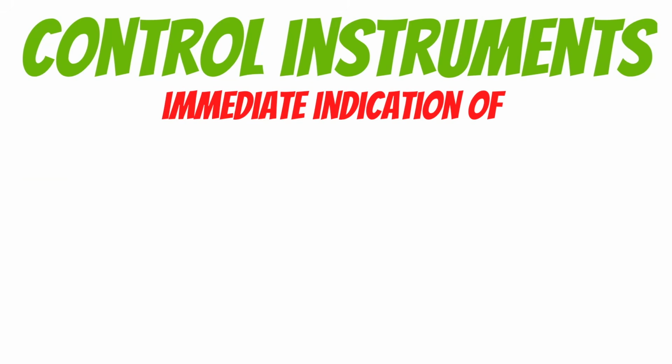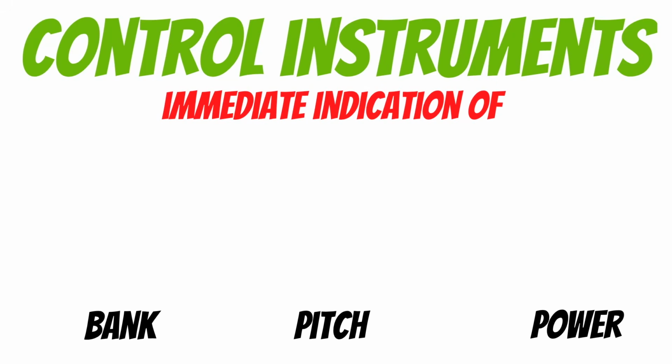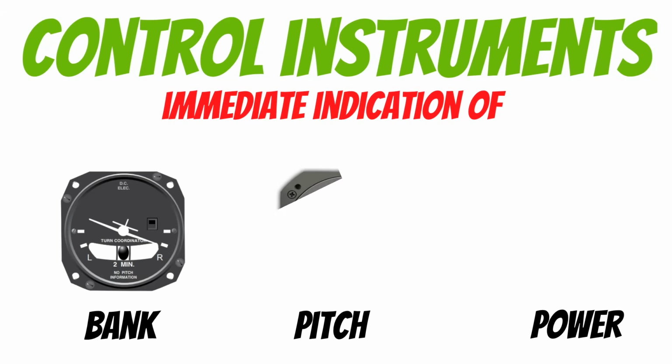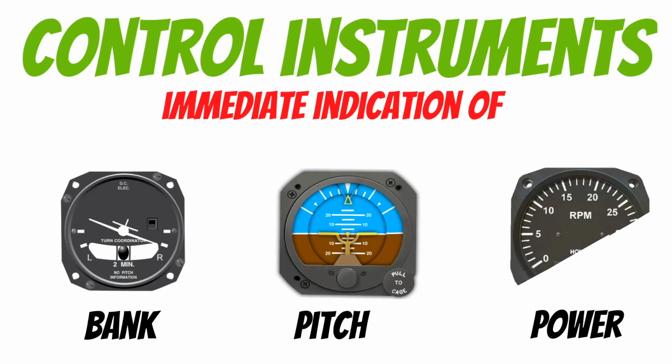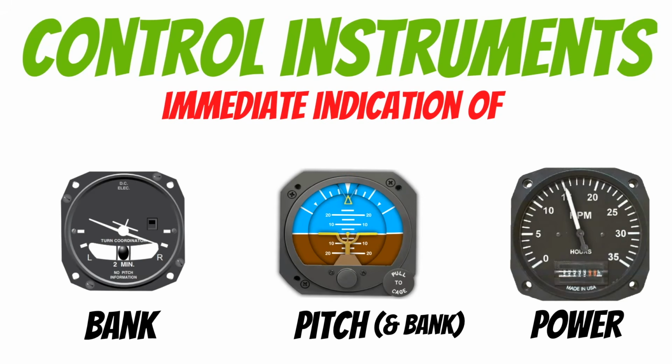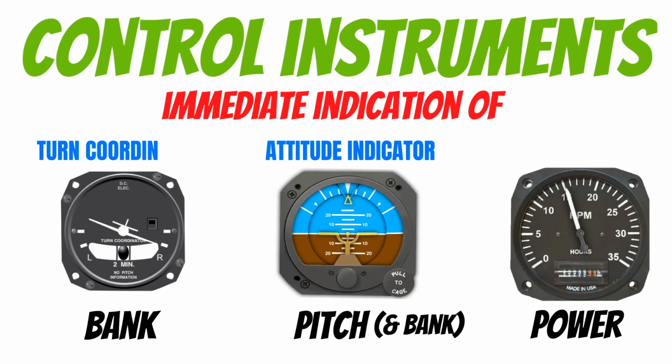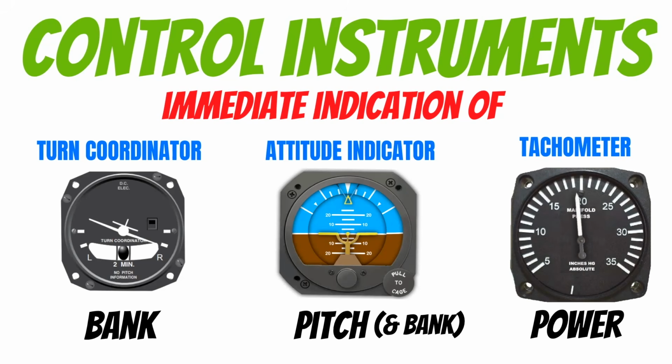But when an instrument gives us an immediate indication of pitch, bank, and power, this is what we call a control instrument. So, as you might have guessed, these are the instruments that give us an immediate indication of pitch, bank, and power. The attitude indicator, the turn coordinator, the tachometer, or a manifold pressure gauge if you're flying an aircraft with a variable pitch propeller.